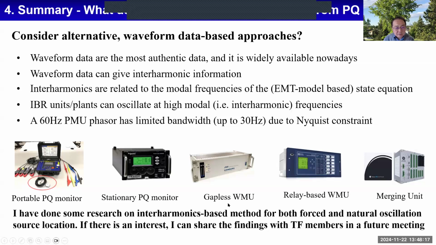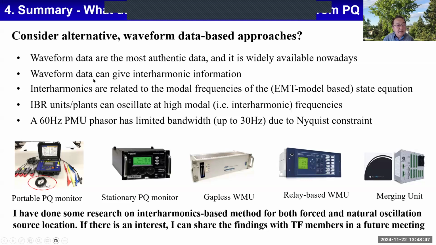A stationary PQ monitor, this is a gapless waveform monitor that can monitor 6 months non-stop, 120 samples per cycle. Relay-based, this is the merging unit for digital substations. In the future, everything will come in digital form, waveform. Now this data is circulated in the distribution Ethernet to be used by protection and other devices. So the default data in the future is waveform data.